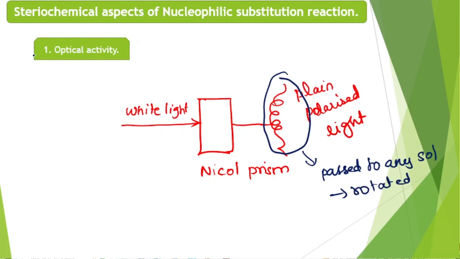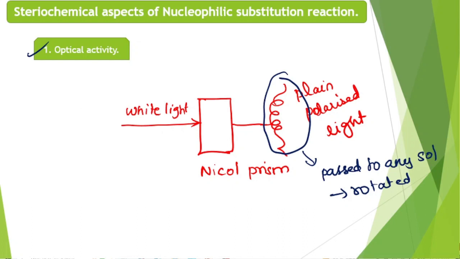Such compounds are called optically active compounds. Listen carefully. You have a Nicol prism. When white light is passed through the Nicol prism, what happens? The resultant light is a plain polarized light. When this plain polarized light is allowed to pass through any solution, what happens? The solution rotates it. So, such solutions are called optically active compounds. Clear?